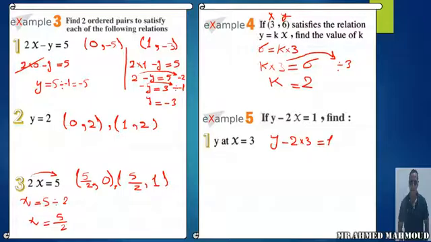Before I send to the other side, I have to find the value. Then y minus 6 equals 1. I will send minus 6 as plus 6. Then y equals 7. The next one.